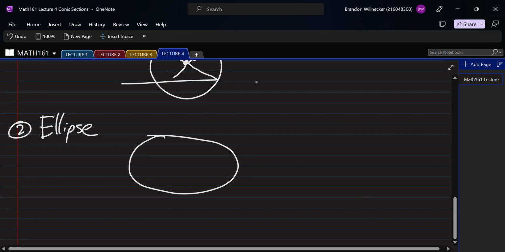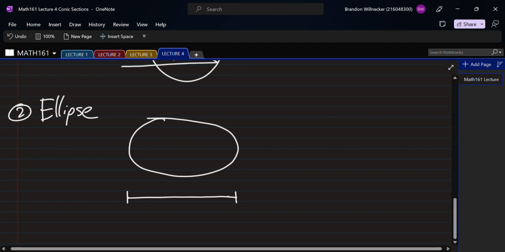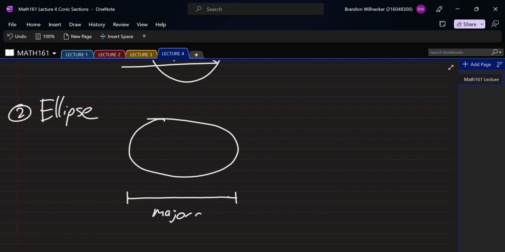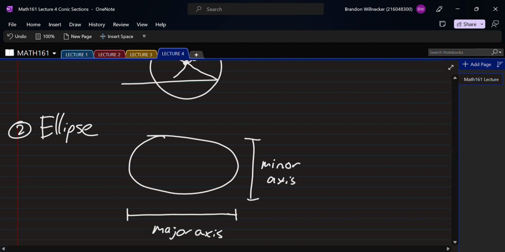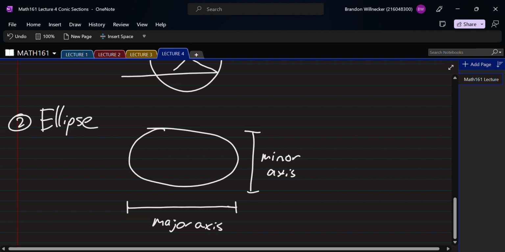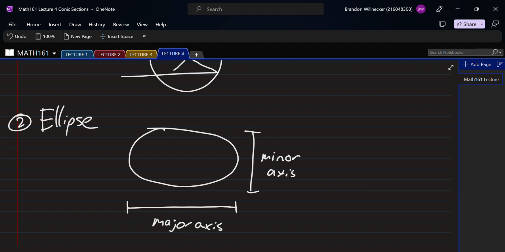Just a quick note, this longer side here, we call that the major axis. And the shorter side we call the minor axis. Half of either of those will be the semi-major or semi-minor axis. So if we cut it in half, it becomes semi.